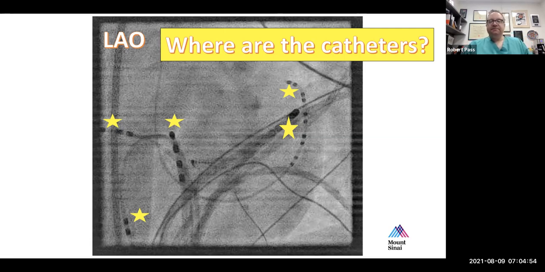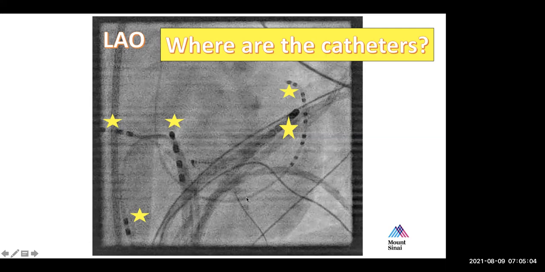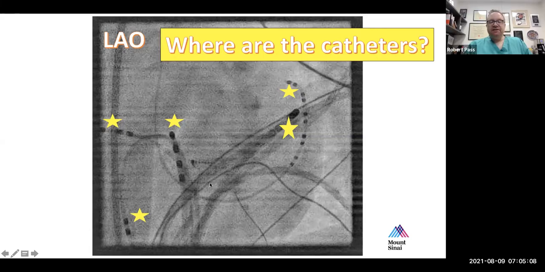That's correct. So it's in the coronary sinus. You haven't done cath yet, of course, so it's a very unfair question. But this is a coronary sinus catheter that's placed from the superior vena cava down into the CS here. Good answer.